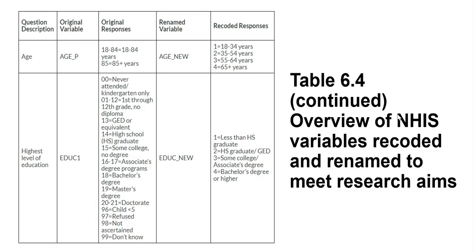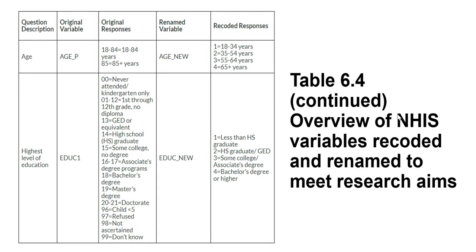Then the second part of the table includes the covariates. So for age, which is originally a continuous variable, I've recoded this to 18 to 34 years, 35 to 54 years, 55 to 64 years, and 65 years and older. Education is a variable that has several different categories.